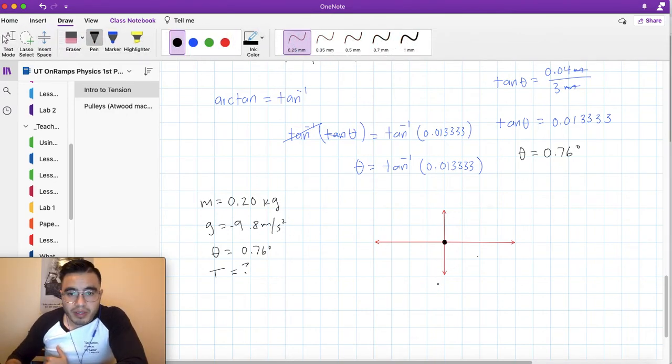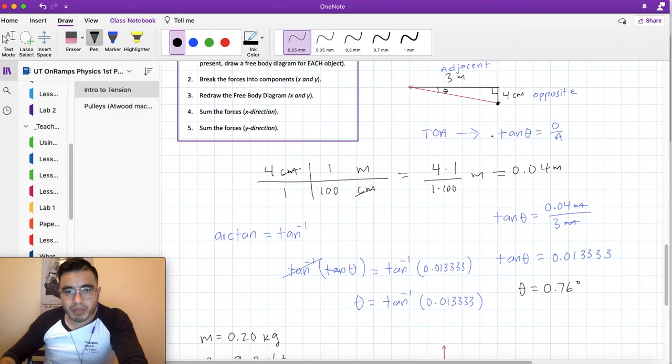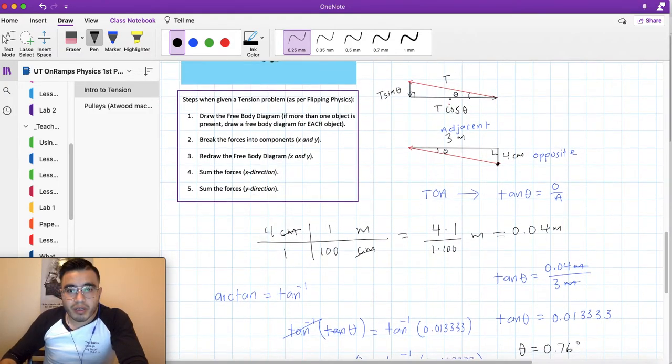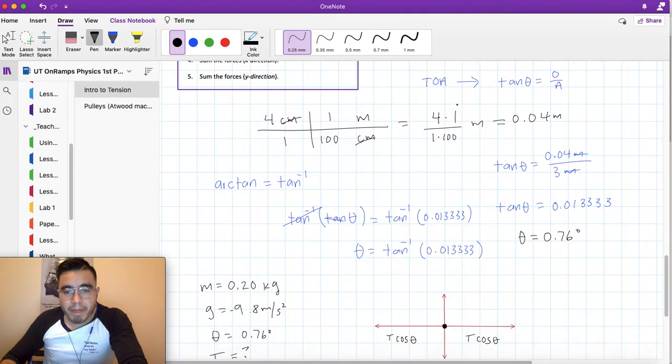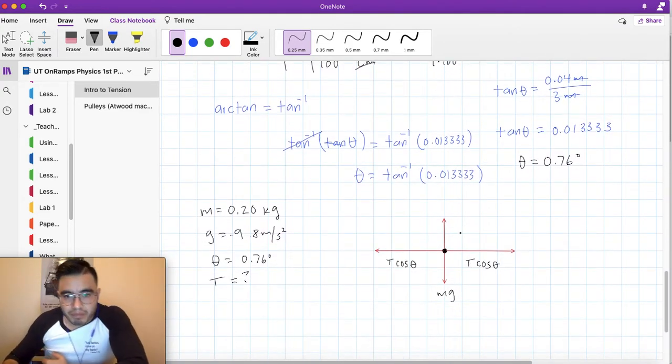So we know this is the weight of the object, mass times gravity. We know this is the tension times the cosine of theta. By symmetry, this is also the tension times the cosine of theta. Don't forget, we got this from our very first free body diagram. Now, if we write this one as T sine theta, that would be incorrect.